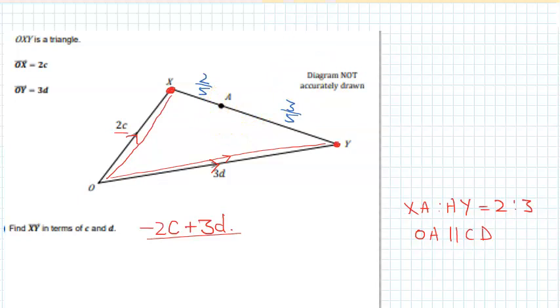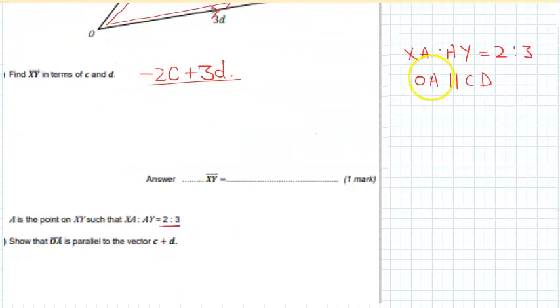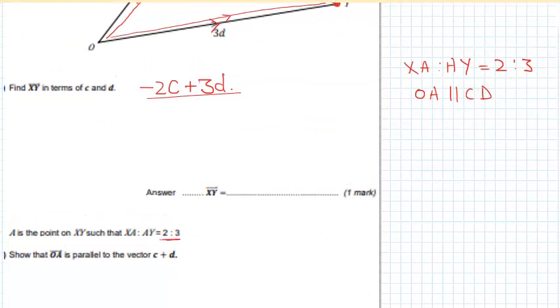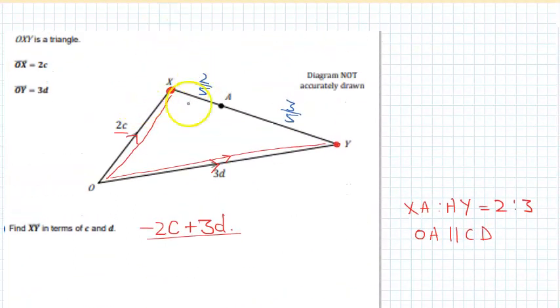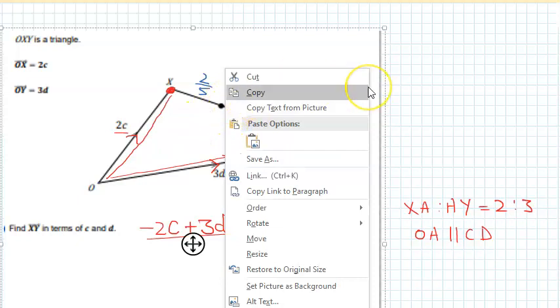Now for this, to find this vector, which vector are we supposed to find? OA parallel to CD, that is what we have to find. OA can't be parallel CD.